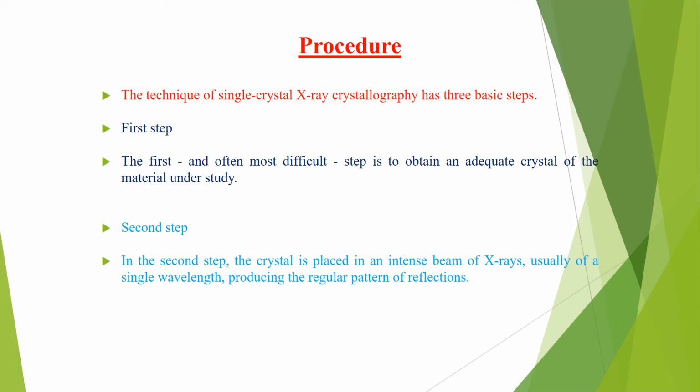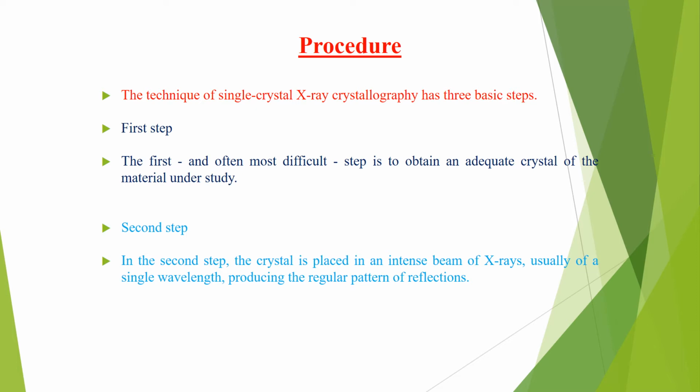So the first step is to obtain a crystal of an appropriate size, with pure composition and regularity in its structure, and with no significant internal damage such as cracks in the crystal.